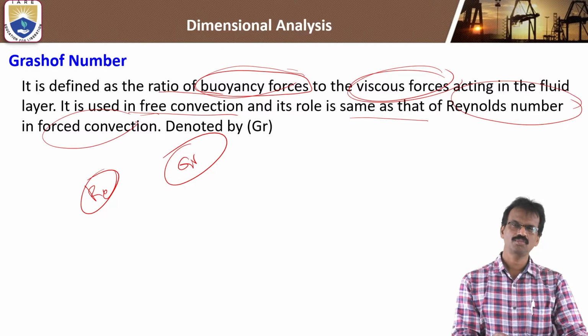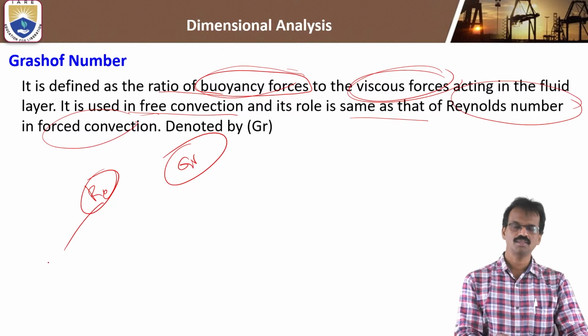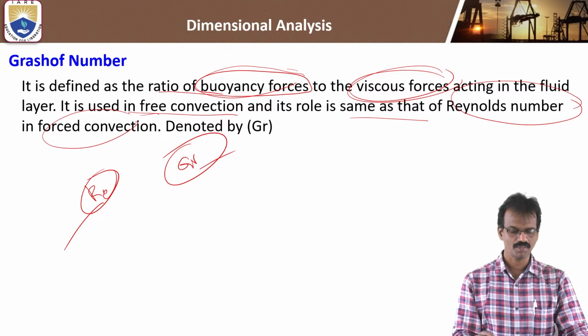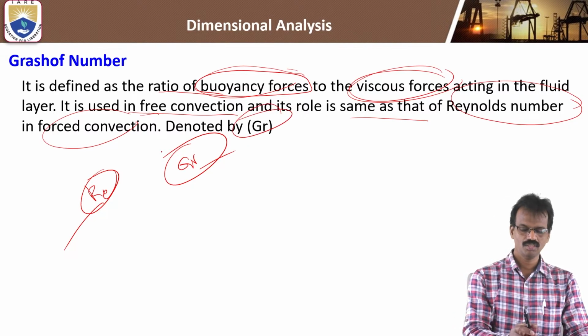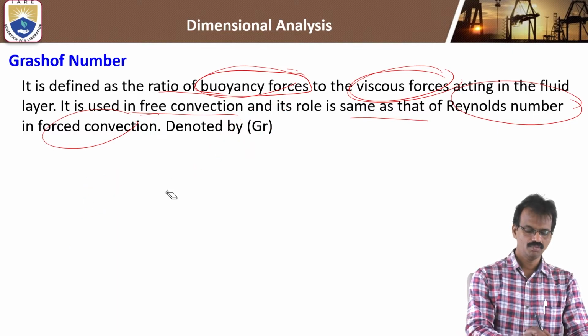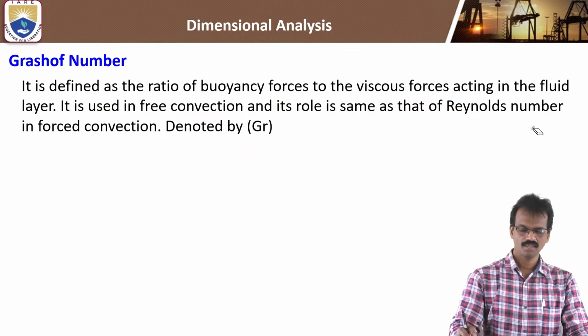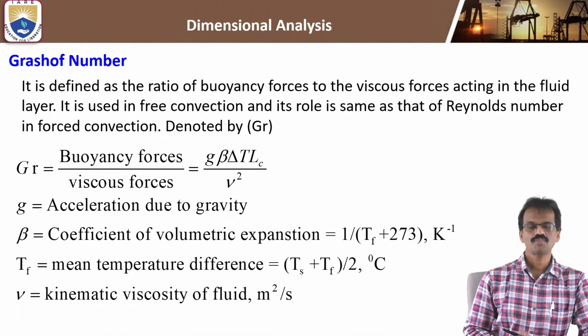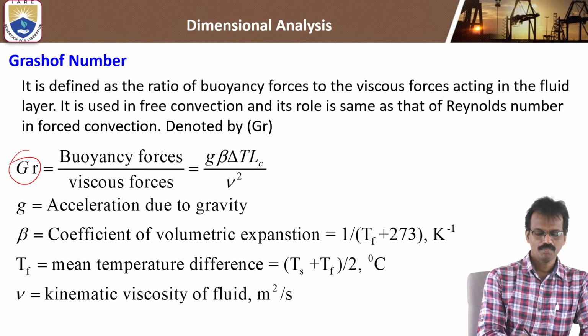We saw that it is represented by Gr. We'll see the formula of the Grashof number. You know that the Grashof number is equal to buoyancy forces by viscous forces.